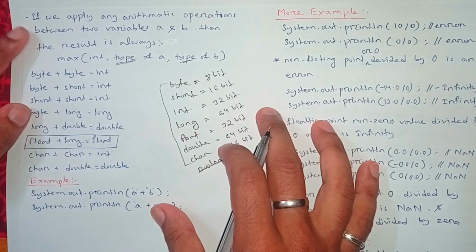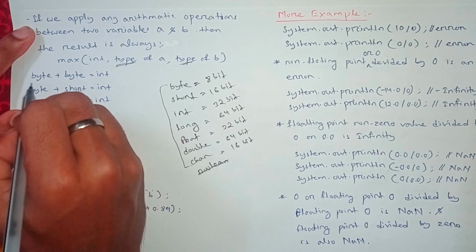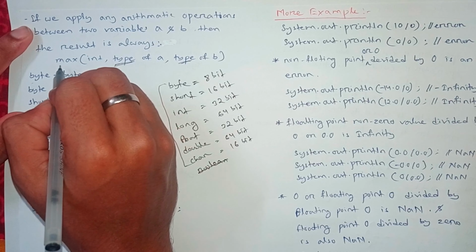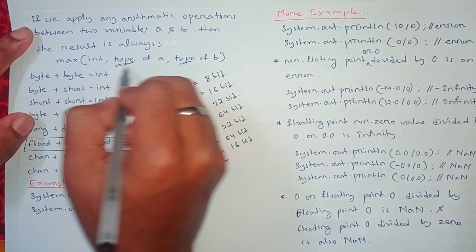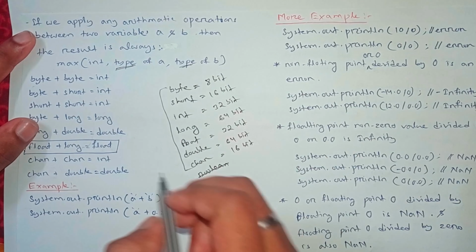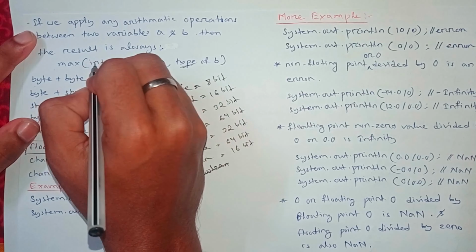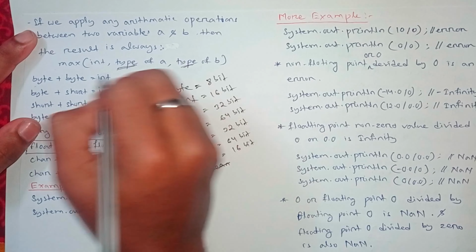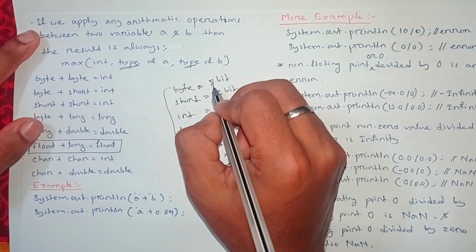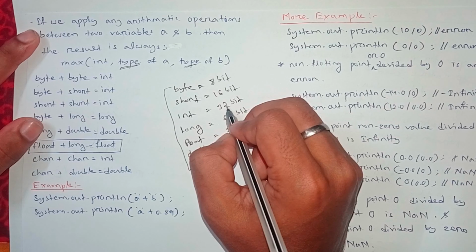Okay, so if we add byte plus byte, then what will be the output? We can get the output by using this formula: int, type of A is byte, type of B is byte. We know byte is 8 bit and int is 32 bit.